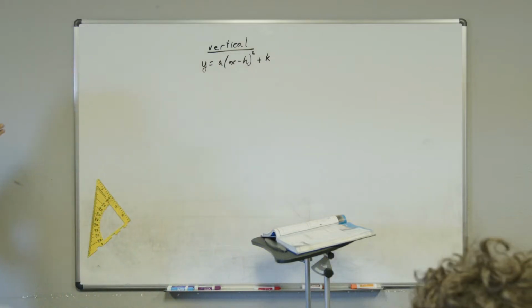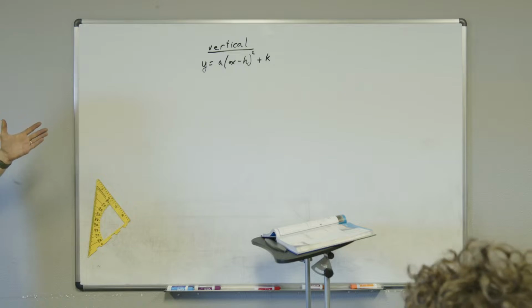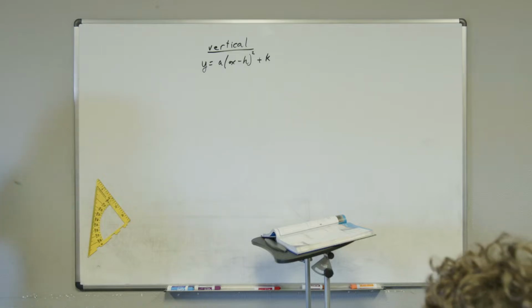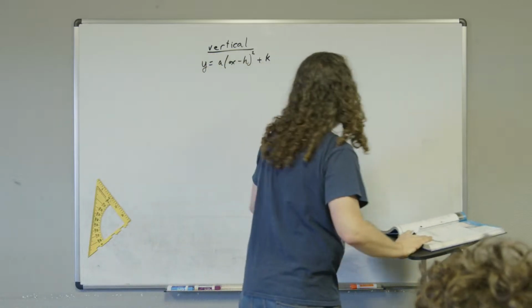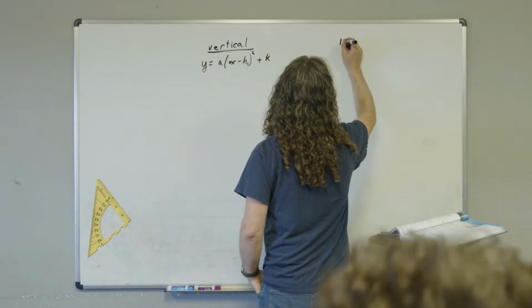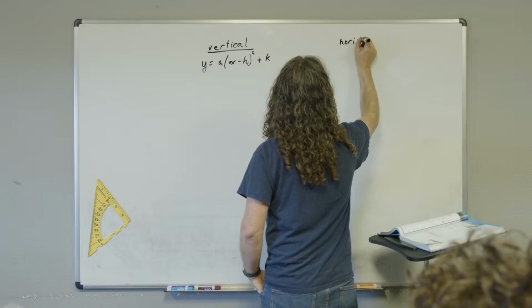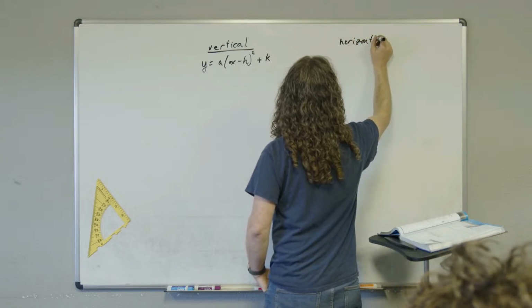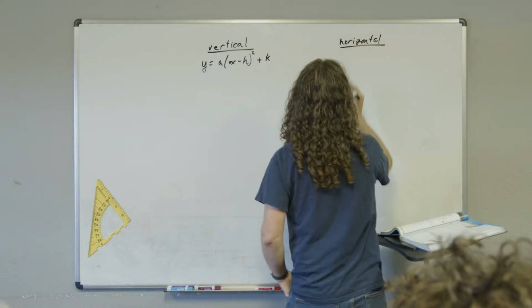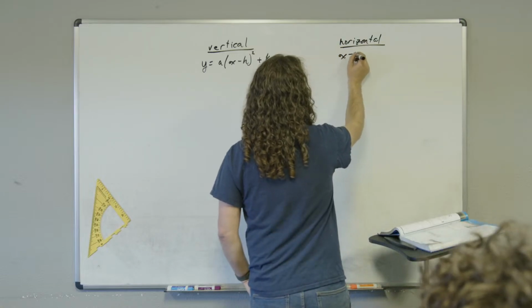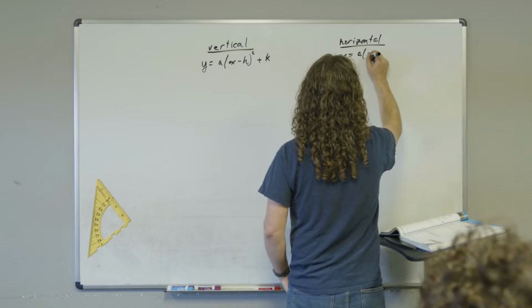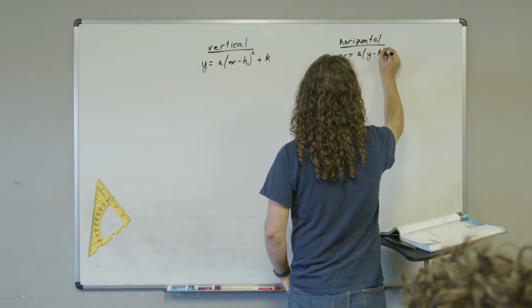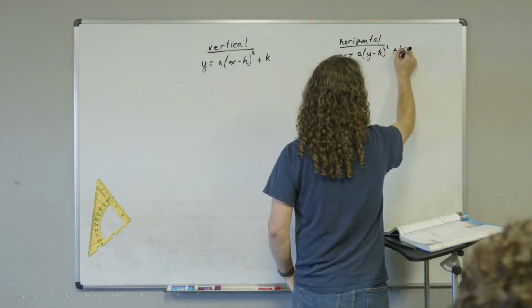We even know what all those things are. All we're going to add to this is how to get to some of those other points. If you have a horizontal one, you could probably guess what it looks like, but in case you can't, it looks like x equals a times (y minus k) squared plus h.